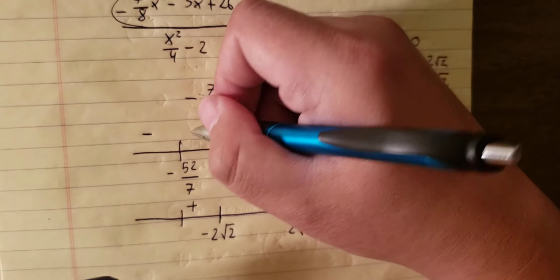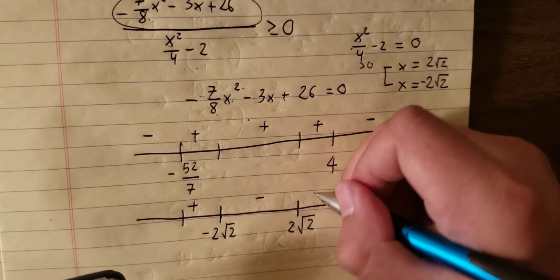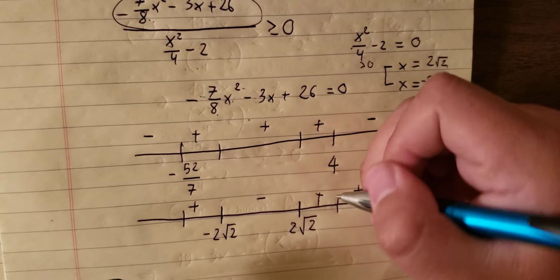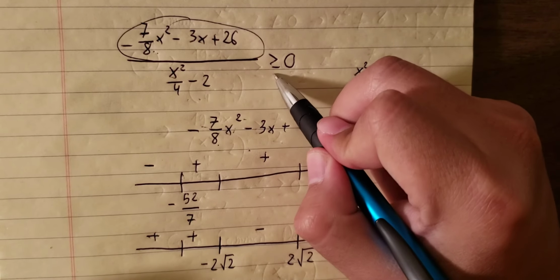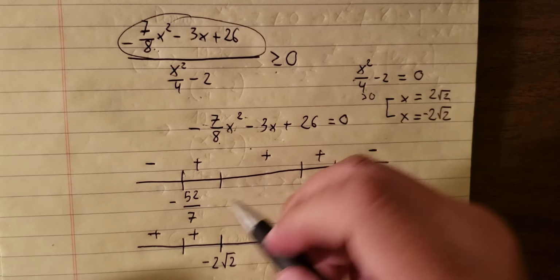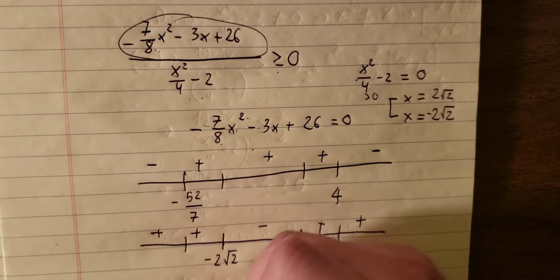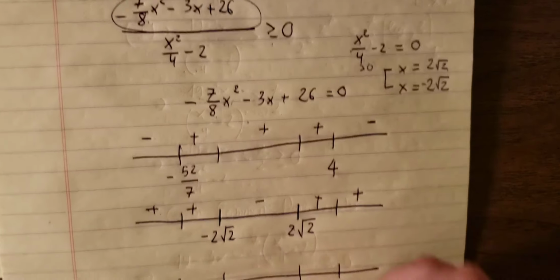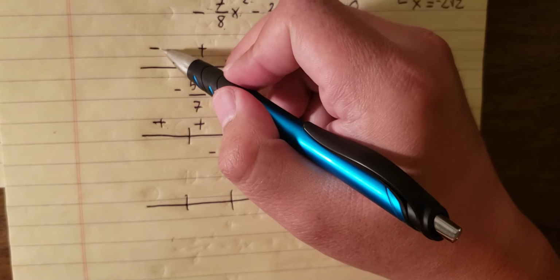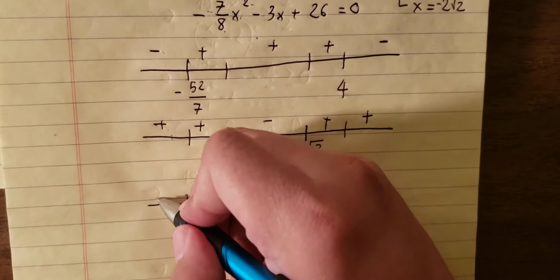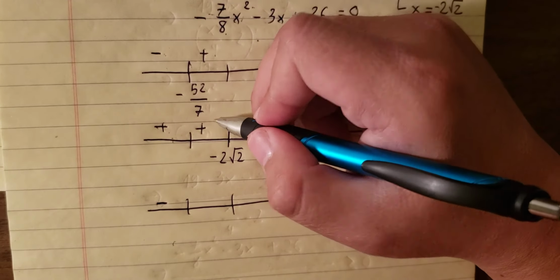So this is positive, positive. This is positive and positive. So the question wants to find greater than or equal to number 0. If we have negative, positive, from here we have negative, positive, so this means the result should be negative, positive, positive.